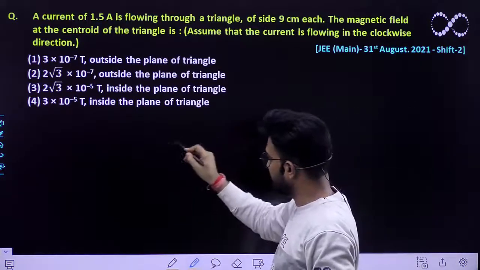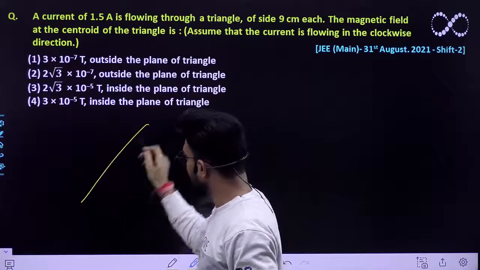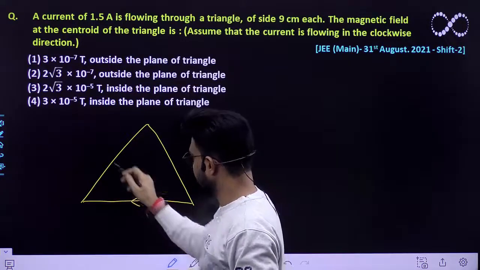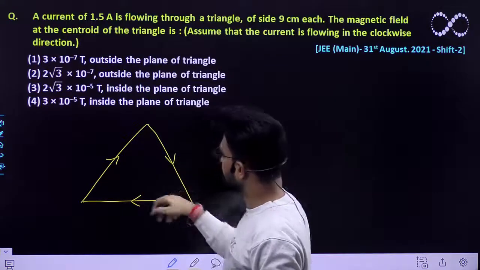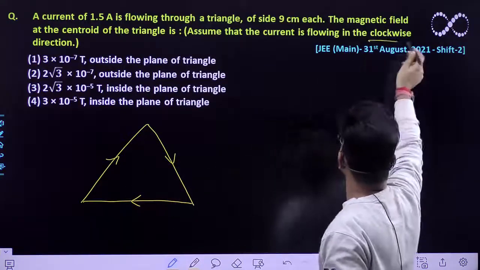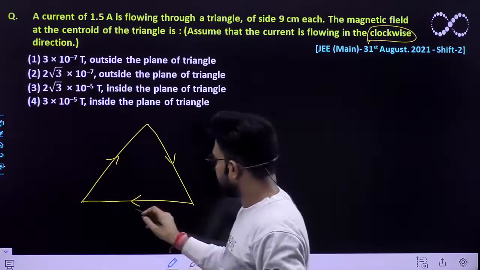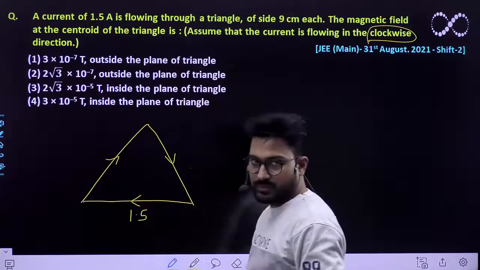So that means you have been given a setup of an equilateral triangle in which current is flowing in the clockwise direction. Okay, and the magnitude of this current is 1.5 ampere.